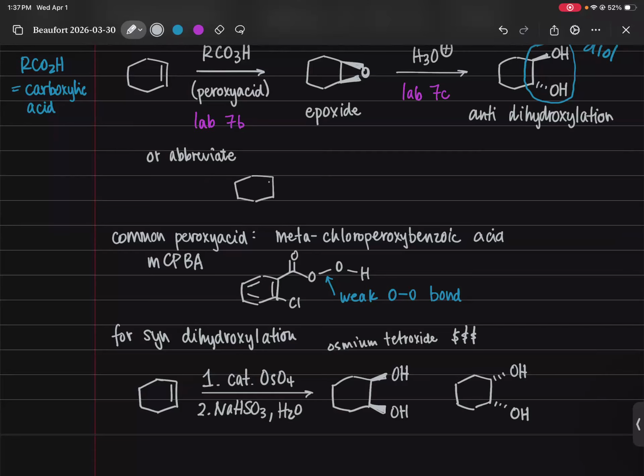So what you might see people do is just write 1 and then 2. Okay, and that's fine with me. It just leaves out the information that there is an epoxide made in between. Well, the first step makes an epoxide. The second step opens the epoxide to make the diol.